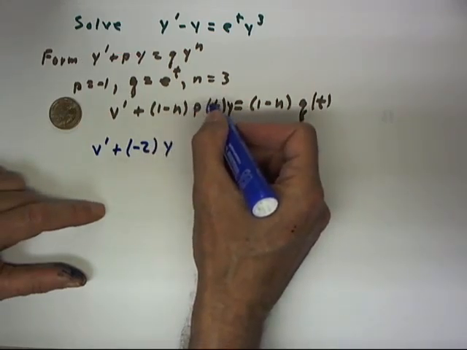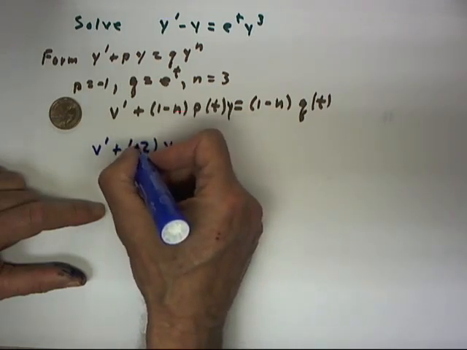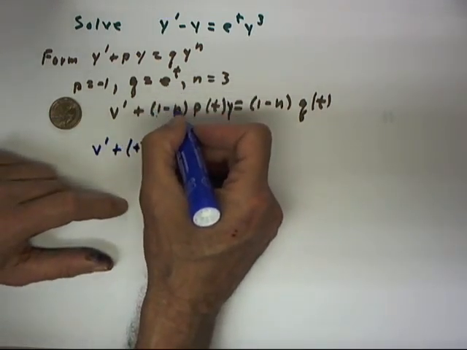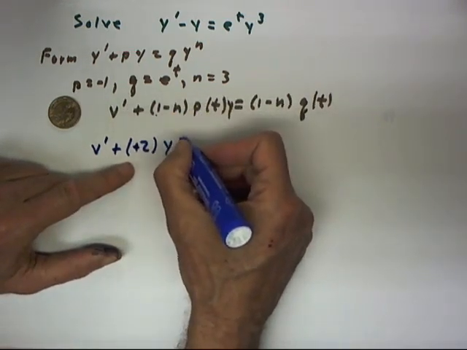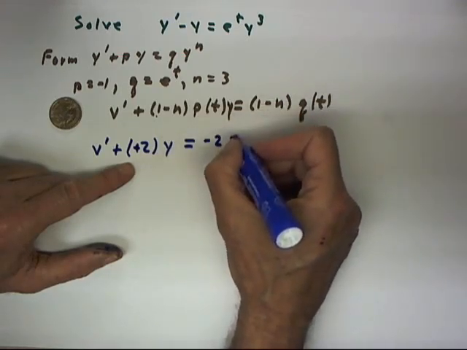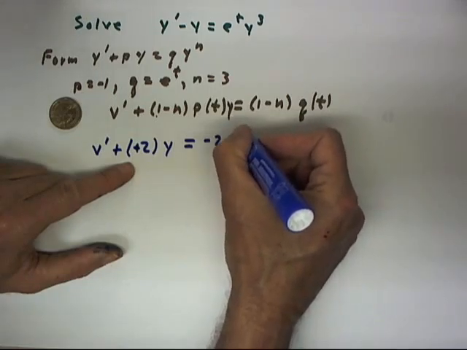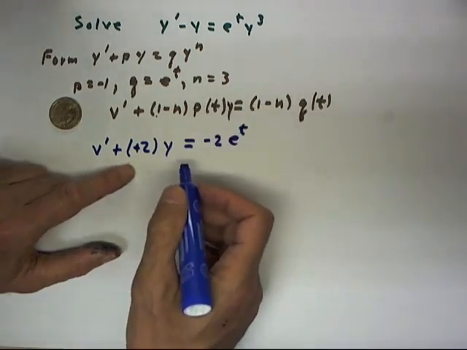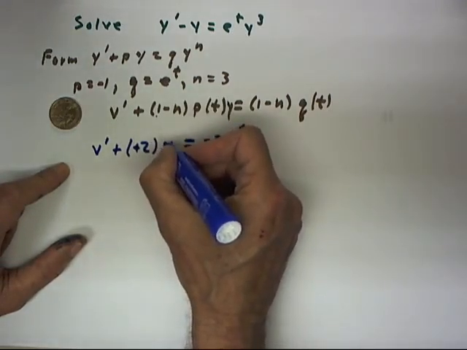Now p of t is negative 1, so by the time we do the 1 minus n, which is negative 2, and the p of t, which is negative 1, we get 2y. And that equals negative 2 times our q of t function, our q of t function being e to the t. And this is v, not y.